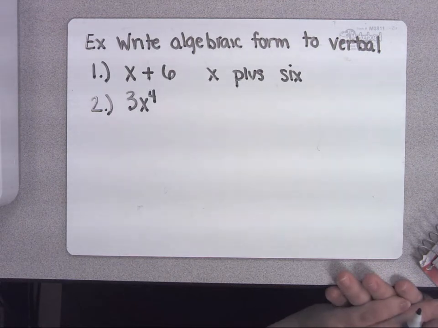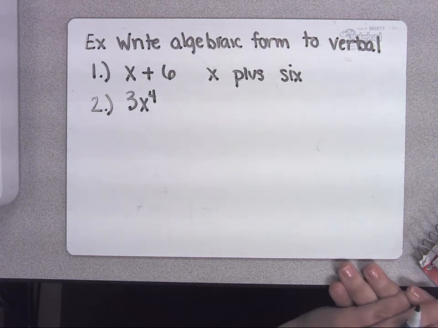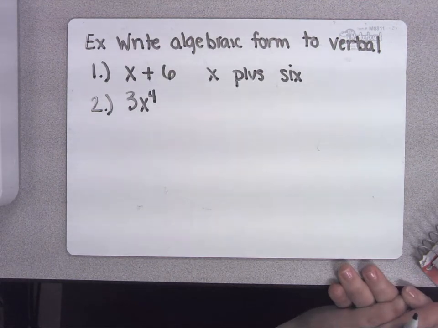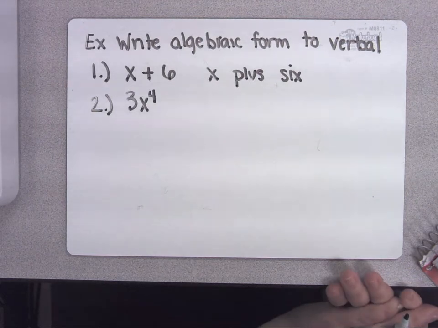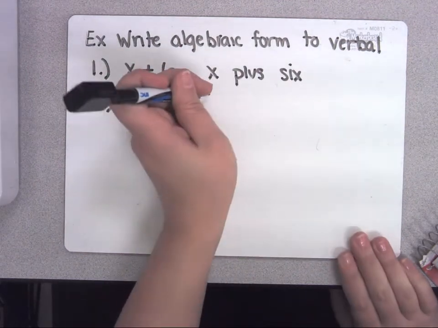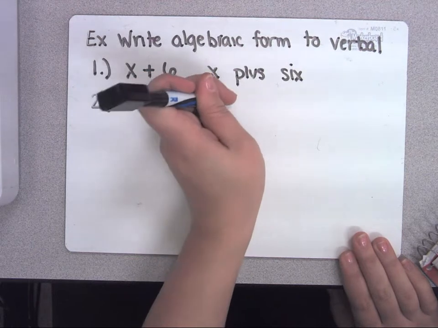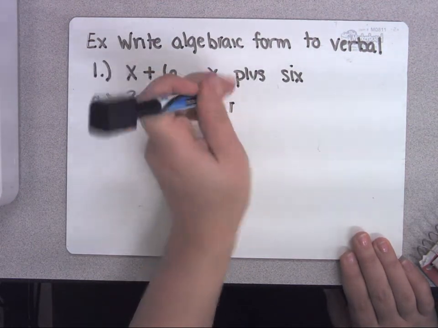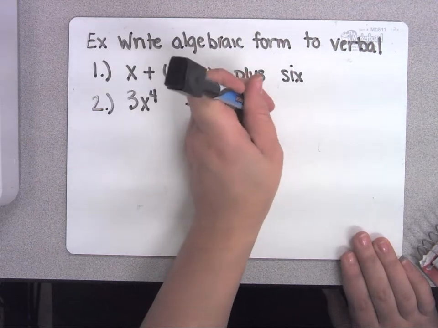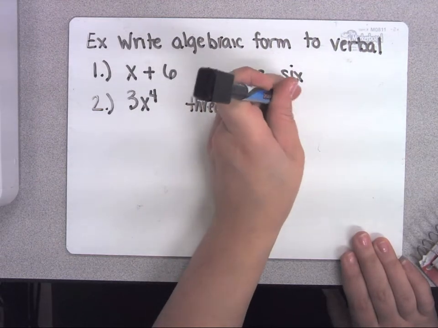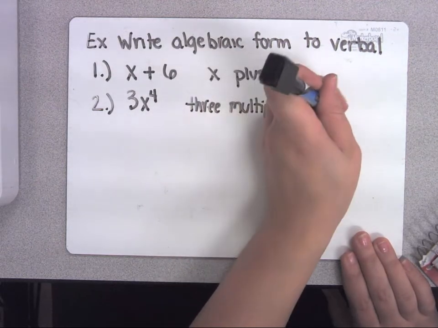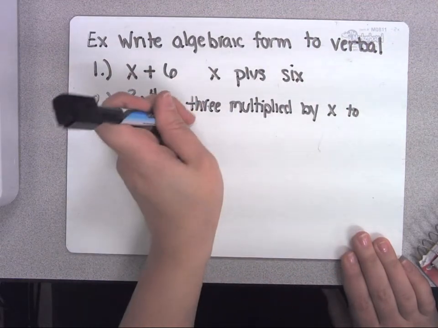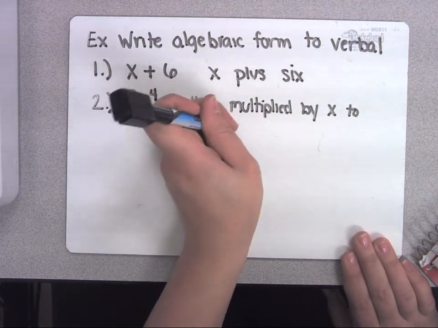CJ, what were you going to say? You could also say, we'll write hers, 3 multiplied by x to the 4th power.